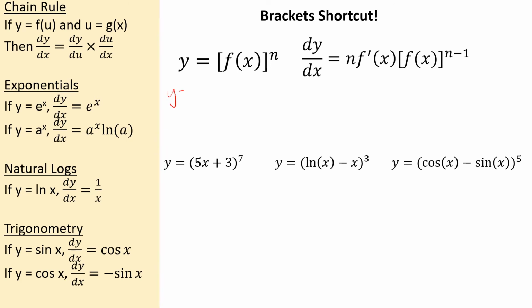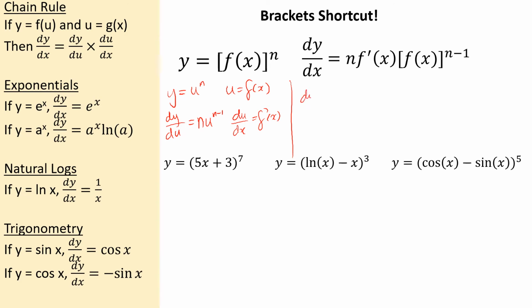Again, I'd like to prove this using the chain rule just to show it's all legitimate. We are saying in this case that we've got y equals u to the power of n, and our u is equal to f of x. If we differentiate y, we get times by the power, so n, decrease the power, u to the n minus 1. And if we differentiate u, we still just get f dash of x.